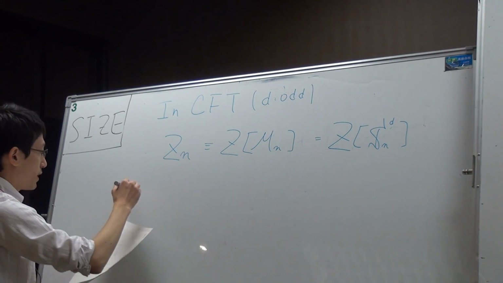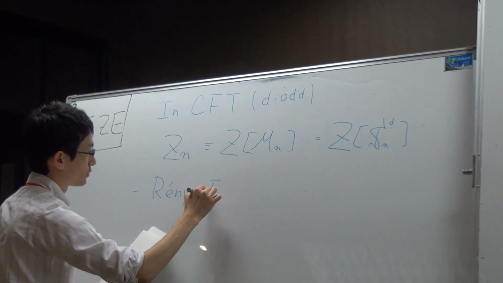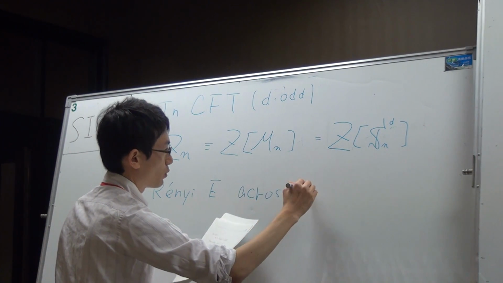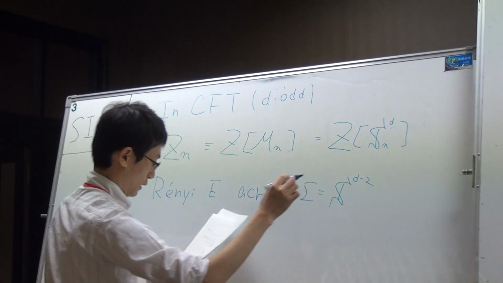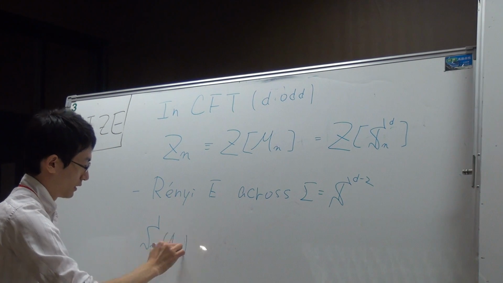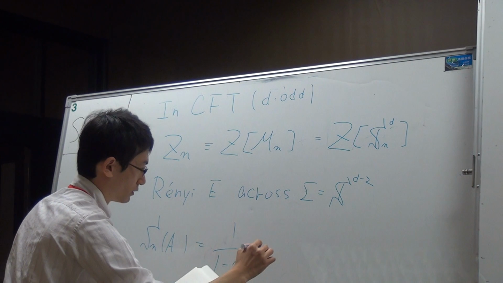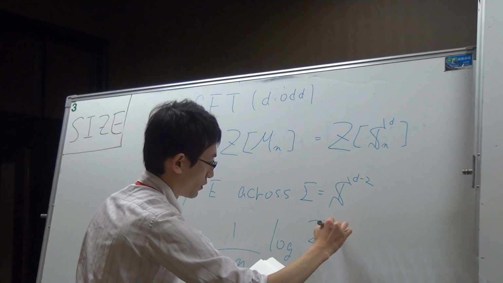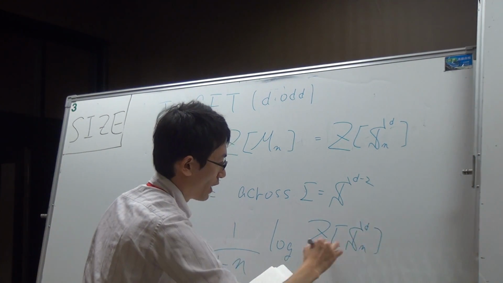Okay, so after the mapping, the Rényi entropy across a sphere is given by the partition function on the n-covering sphere. So this is the Rényi entropy, but instead of having the partition function of the original space, we have the sphere partition function, but we have the n-covering space.